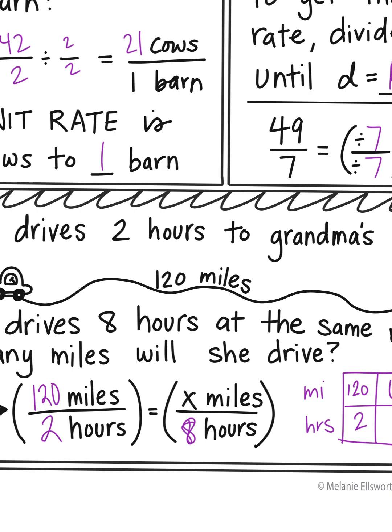So I can travel 60 miles in 1 hour. So now I have information I can use to figure out how far she can travel in 8 hours. So if it's 1 hour, what will I do? Times 8. So then 60 times 8, 480 miles.